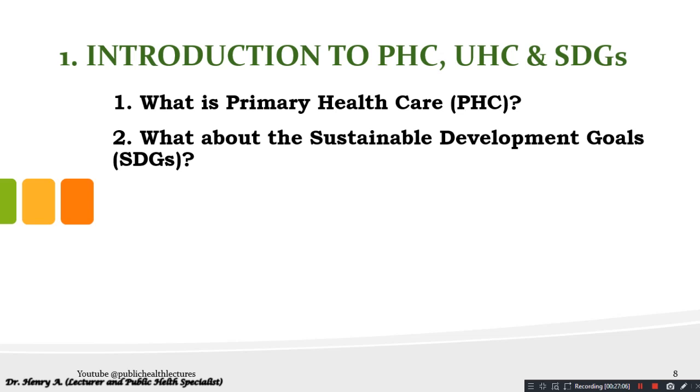Now let us see health across other SDGs. Remember I told you that there are 17 SDG goals. And we have seen that SDG 3 has 13 targets and 28 indicators, and I've listed about 5 key ones to you.